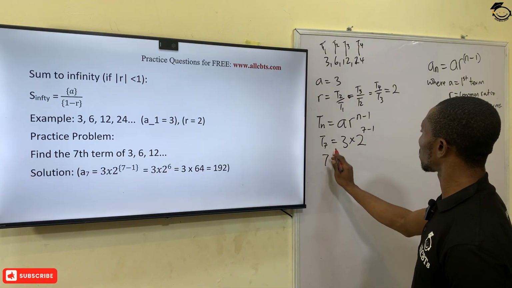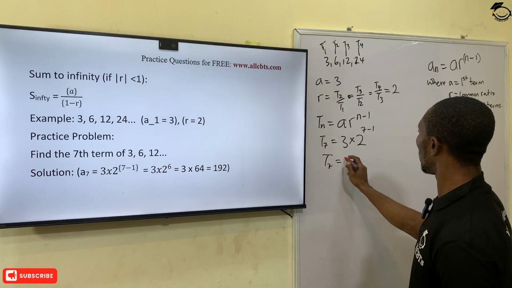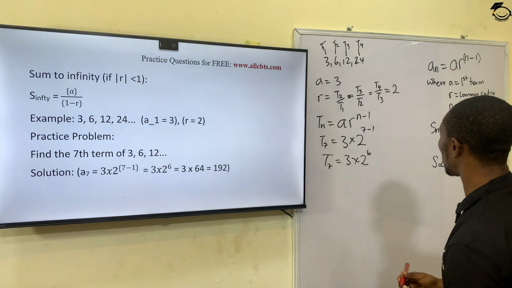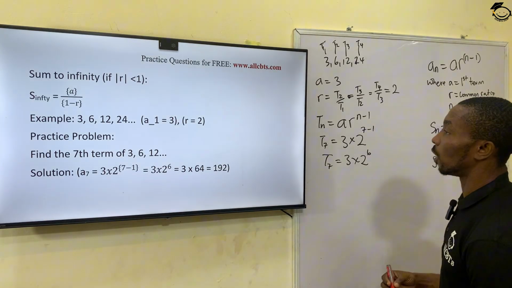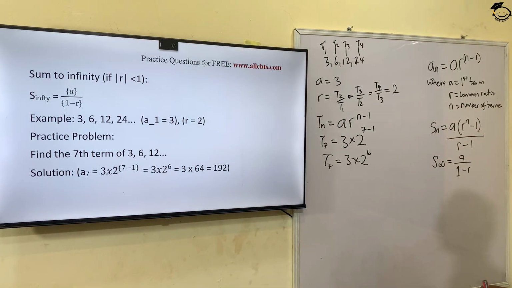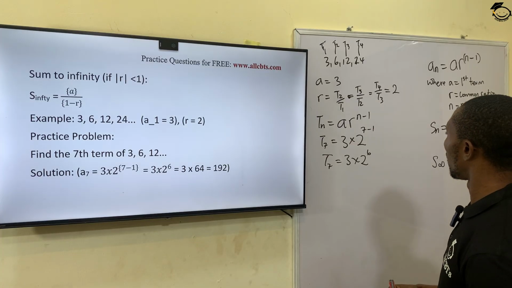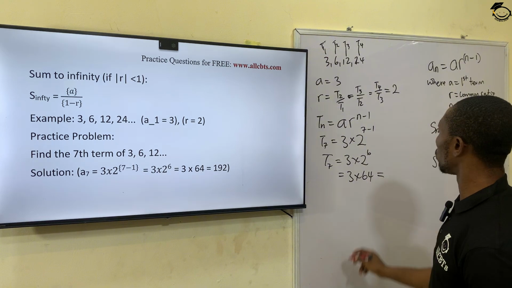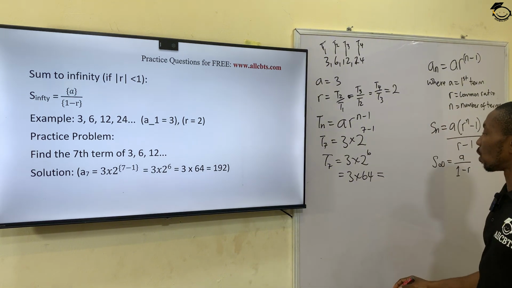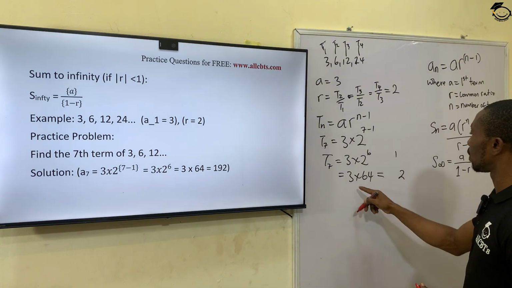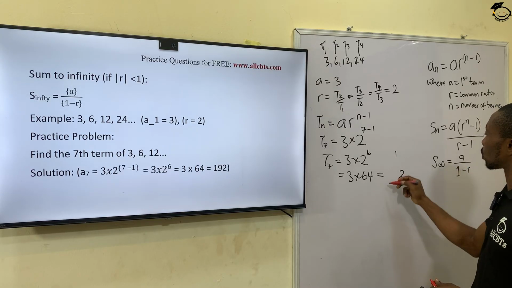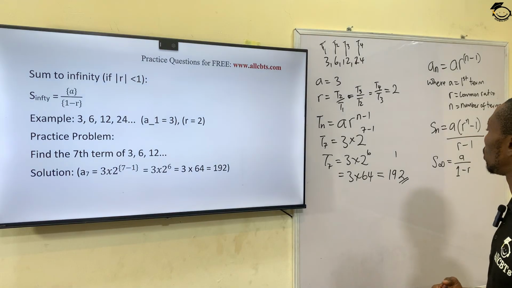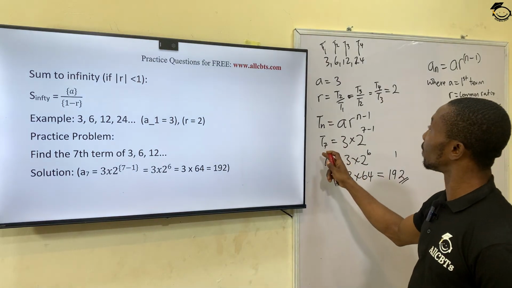So this gives us T7 equals 3 times 2 raised to power 6. Now 2 raised to power 6 would give us 64. So this becomes 3 times 64. 3 times 4, 12, write down 2, carry 1. 3 times 6, 18, plus 1, 19, which will give us 192 as our 7th term.